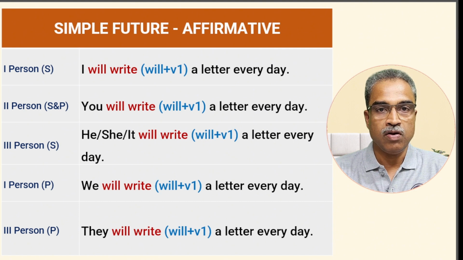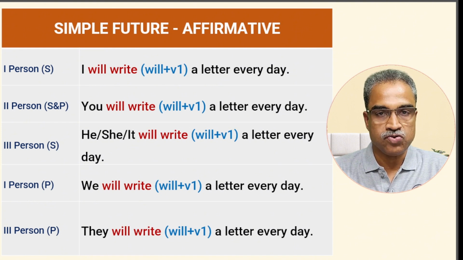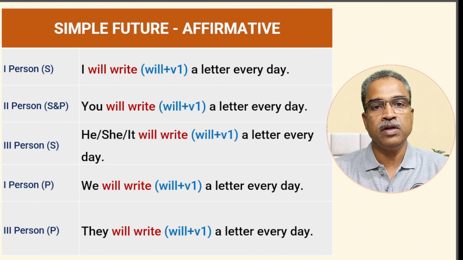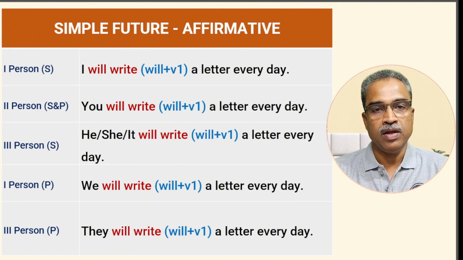Modal auxiliary will you need to use as the auxiliary verb. So the subject plus will, and instead of will, you could also use shall. But in modern English, the use of shall is very limited. So you could easily use will and then you are good to go. So hereafter I'll be speaking about will, but always remember that you could always replace will with shall as well.